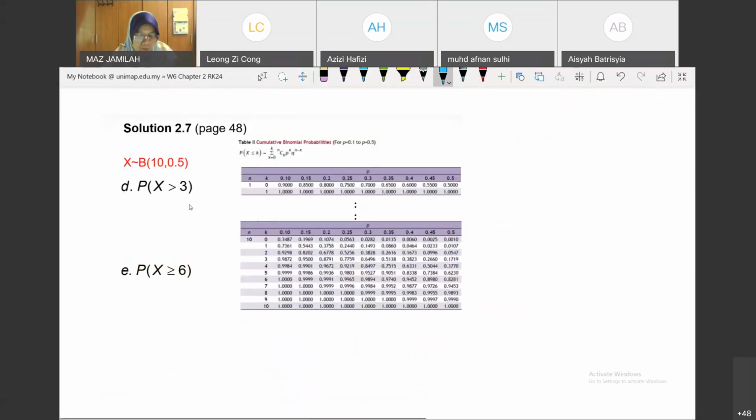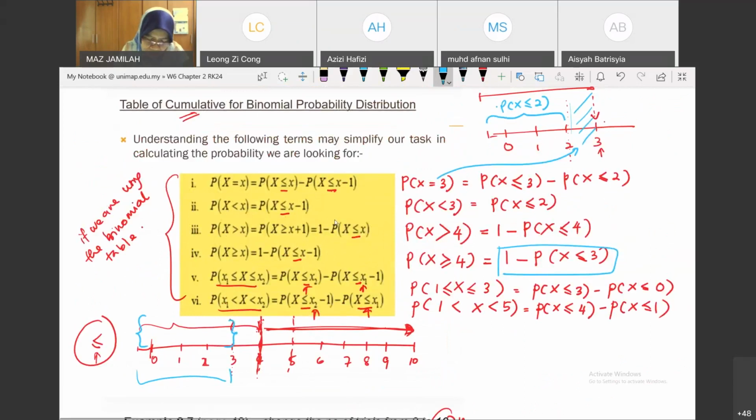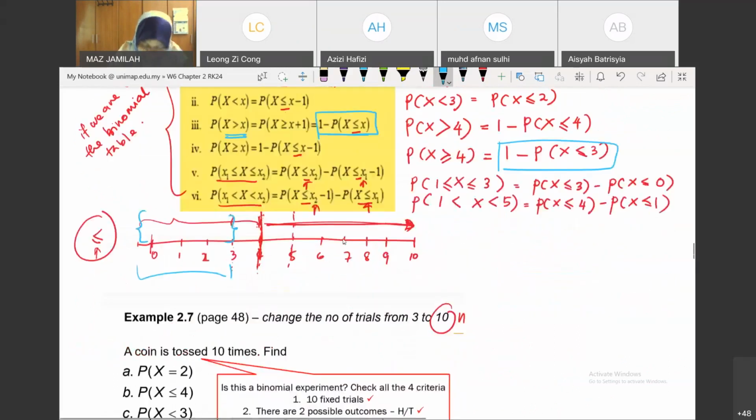What about P(X > 3)? Remember, our cumulative table talks about less than or equal to. So we have to modify terms like greater than 3 to follow this particular less than or equal to form.